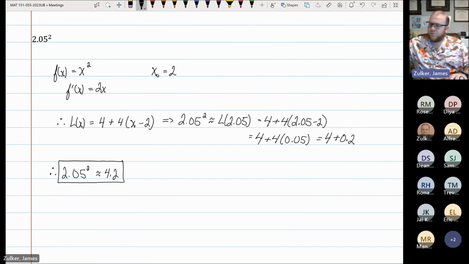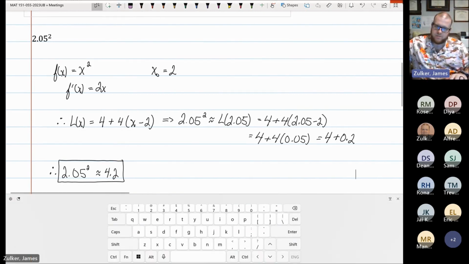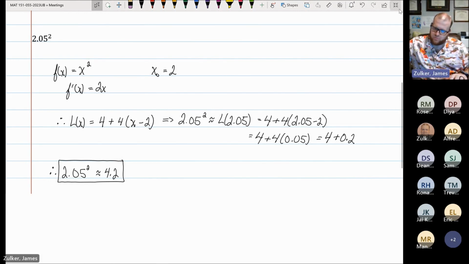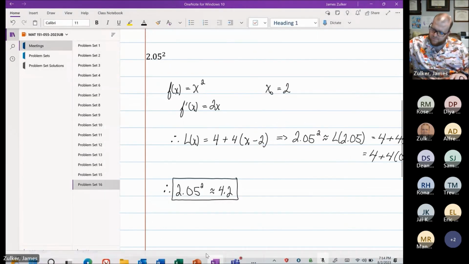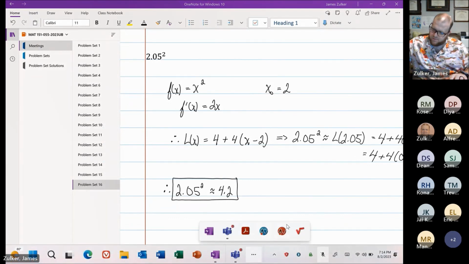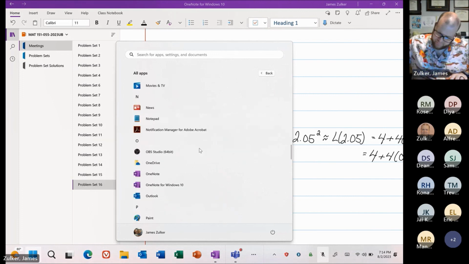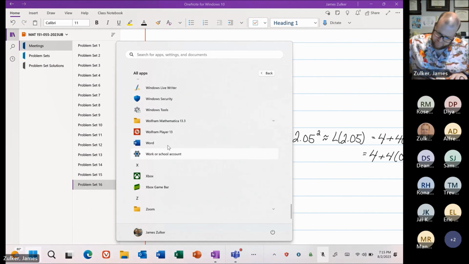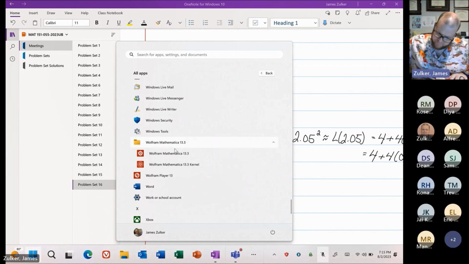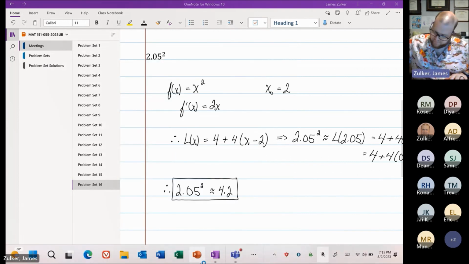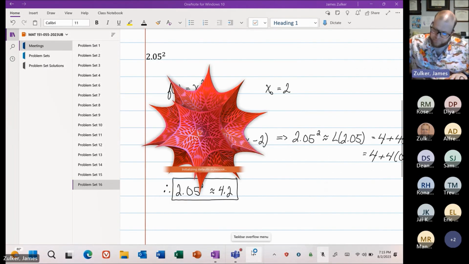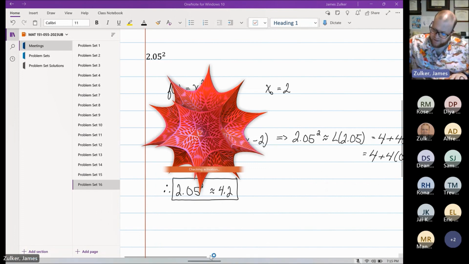All right, so I think what I'm going to do is, where is it? I updated it and never reattached it to my taskbar.